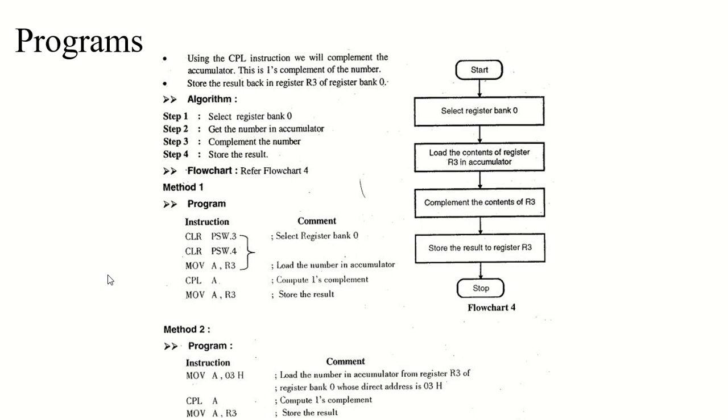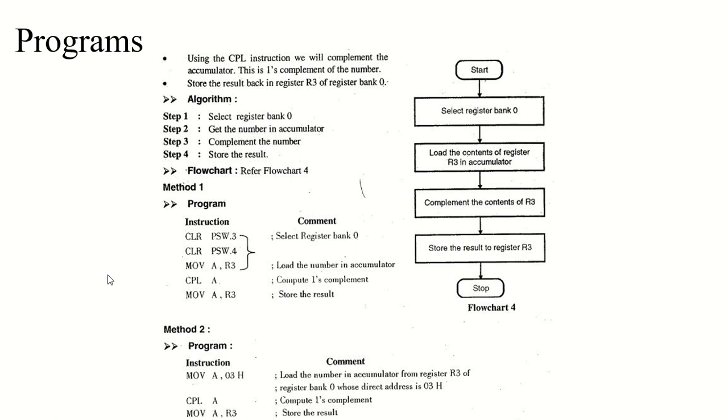But luckily, the microcontroller has an inbuilt command for it that we can use. But if you ask me, if you want to find the ones complement of a hexadecimal number, you first have to convert it into a binary number, and then you have to invert your number, which means replace 0 with 1 and replace 1 with 0, and you will get the ones complement.